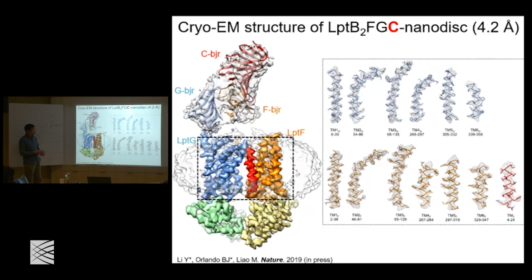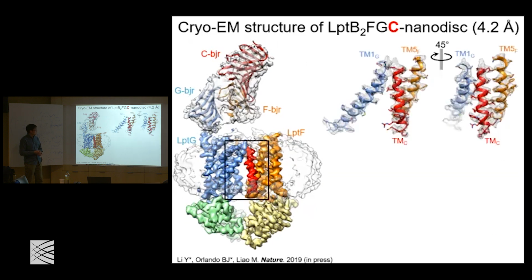It's a total surprise that this helix is positioned in between two transmembrane domains. In detail, this helix has quite extensive interaction with TM5 from LptF. All this interaction is through small hydrophobic residues like leucine and isoleucine.